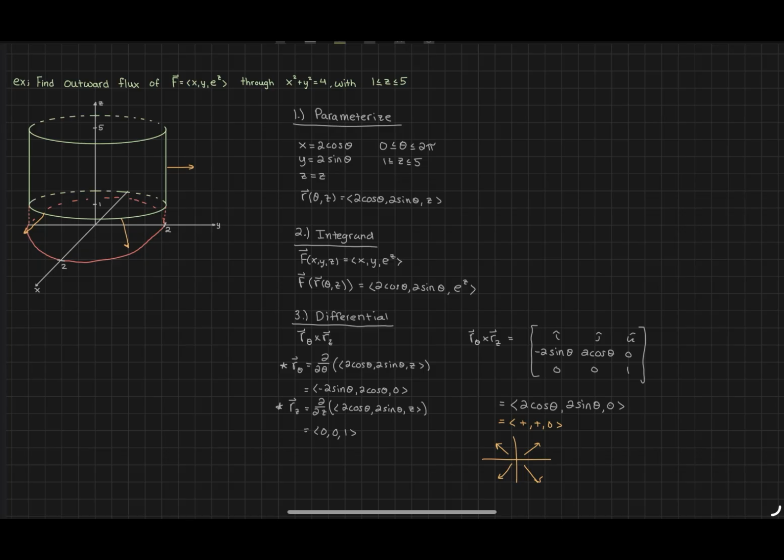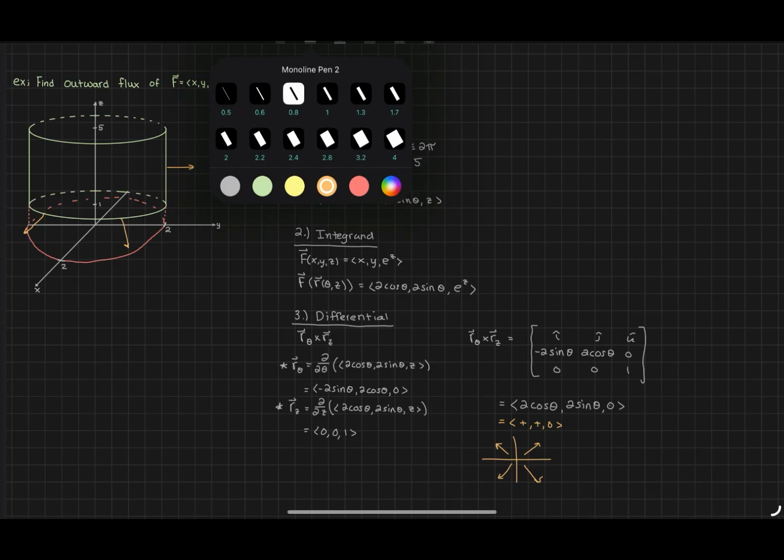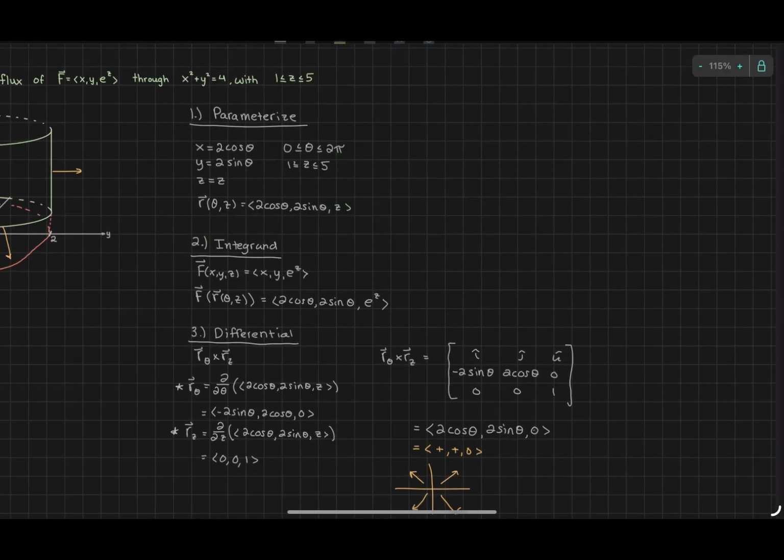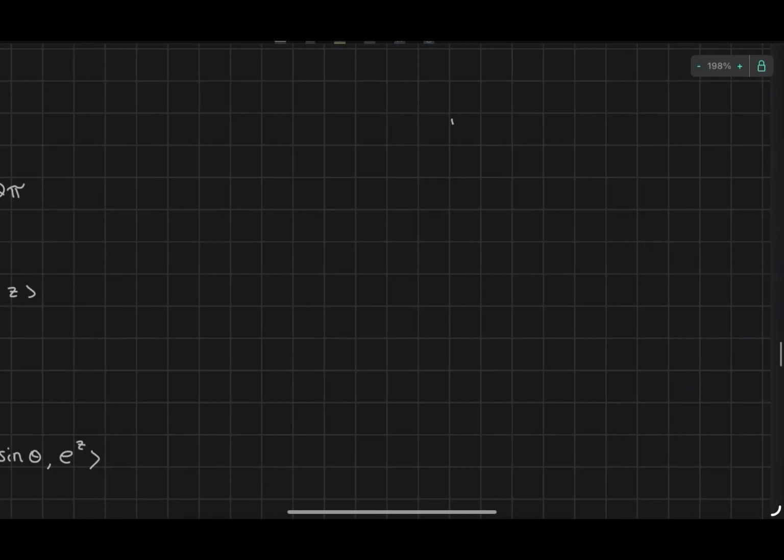Notice if I, for some reason, did r sub z cross r sub theta, then we would have this answer just negated, and that would actually be inward flux. So it looks like we computed our differential properly, so let's go ahead and finish it off with our integral.